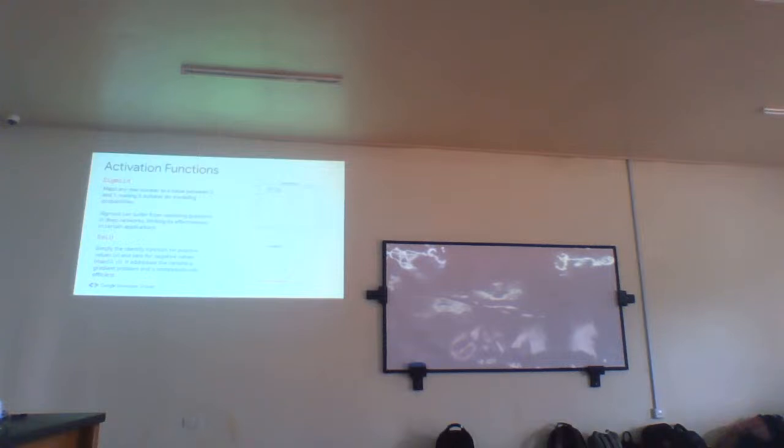For instance, sigmoid, which is one of the most popular activation functions, maps real numbers to a value between 0 and 1. That means if you get a negative, it's ignored.